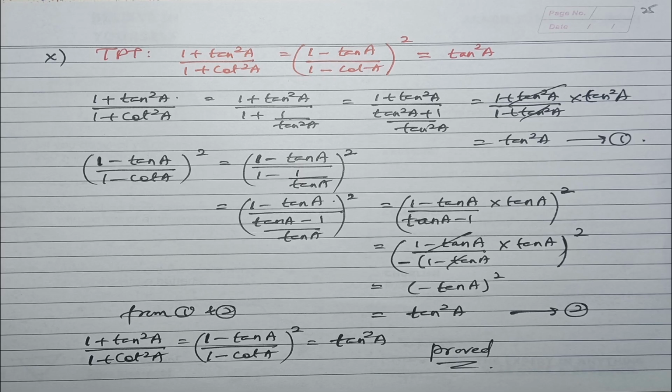Practice more identities. The more you practice, the easier it will be for you. So practice more identities and learn how to prove them. Small clues here and there will help you to understand the proofs very easily. So practice them, note them down in a book, and keep them for your future reference.